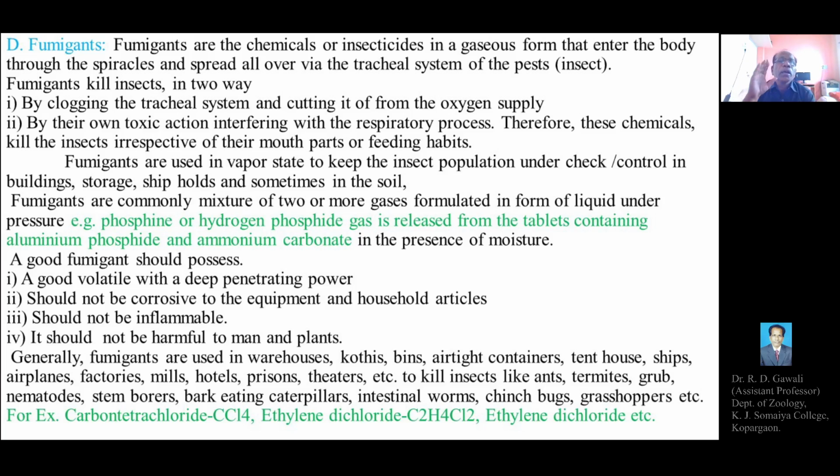One is by clogging or blocking the tracheal system and cutting it off from the oxygen supply.